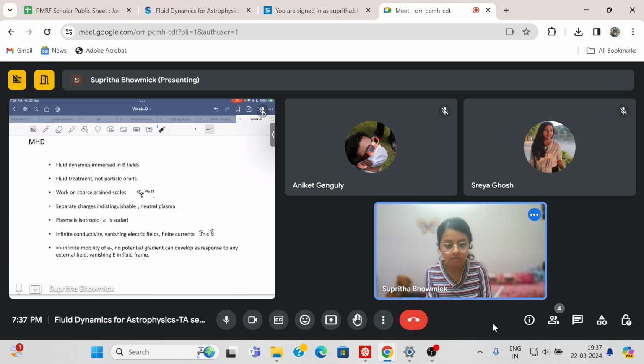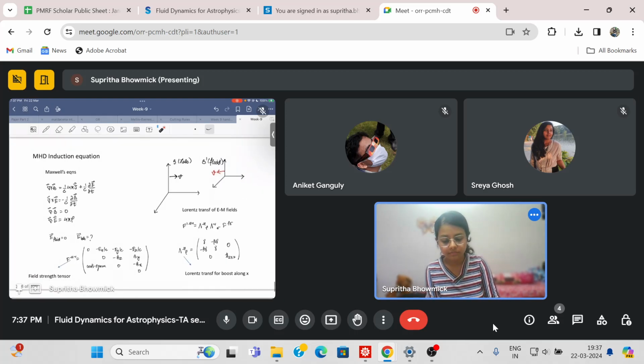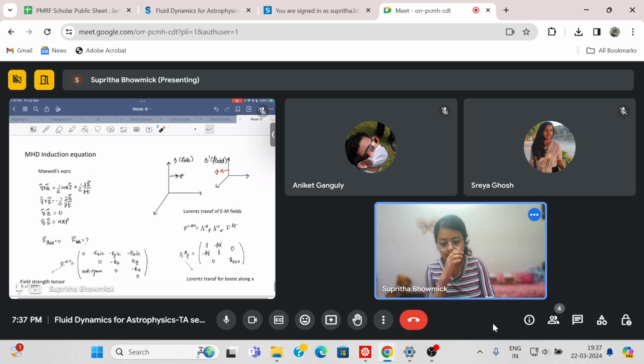The response of the material, which is the current, to an applied electric field is the same along all directions. Okay, Jx, Jy, Jz will be given by the same sigma multiplied to Ex, Ey, Ez. All right.